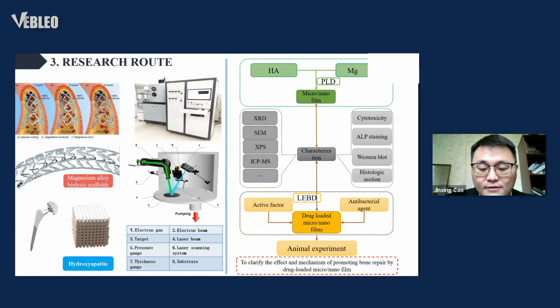Mg is one of the most vital mineral elements in human bones. 60% to 65% of the total Mg in the human body is found in crystal minerals of bones and teeth. Furthermore, Mg plays an important role in promoting the growth of osteoblasts and the formation of new bone.